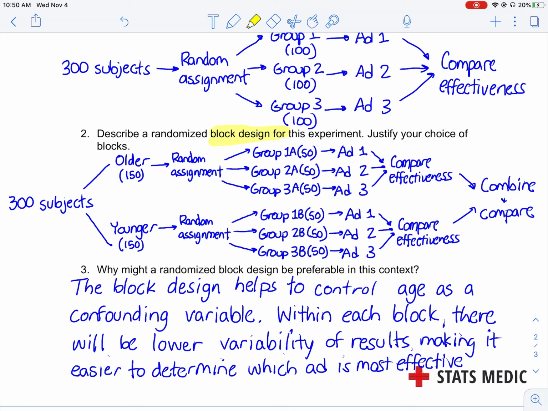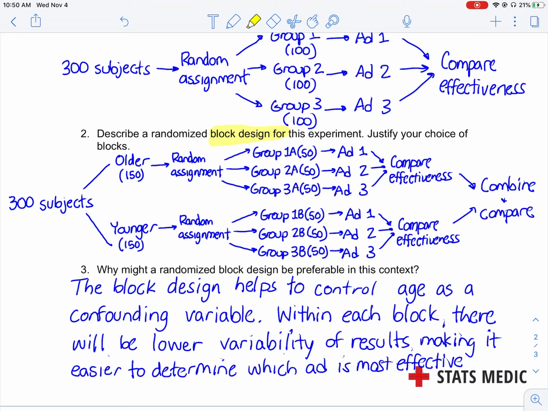Within each block, there may be lower variability of results, making it easier to determine which ad is most effective. The short version of this answer is that older people and younger people go to YouTube for different purposes, and so they prefer different types of ads.